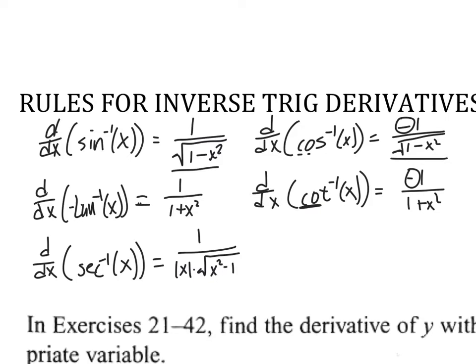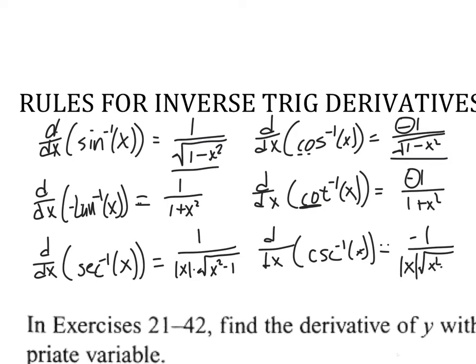Given that derivative, you can say that d dx of cosecant inverse of x is just the opposite of that. So it's negative 1 over the absolute value of x times the square root of x squared minus 1.